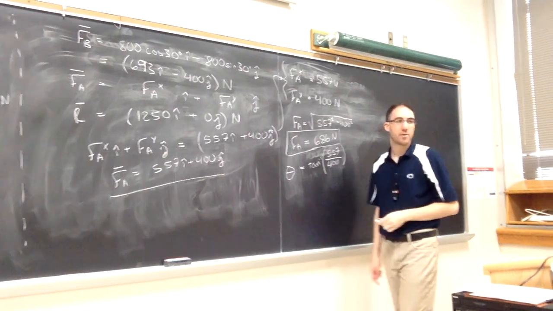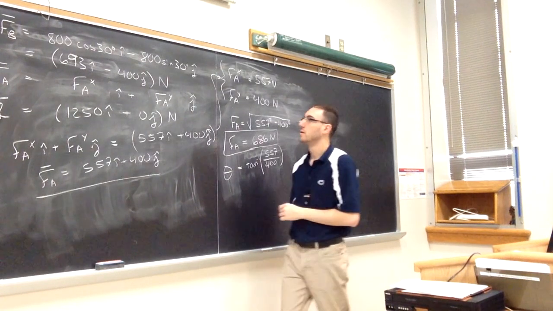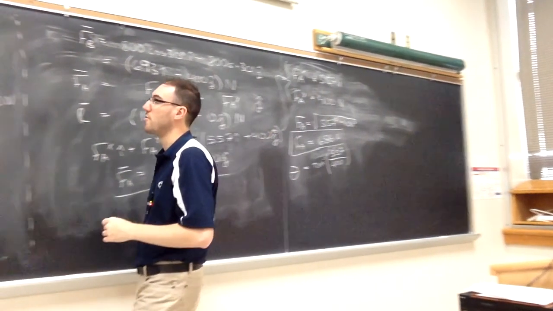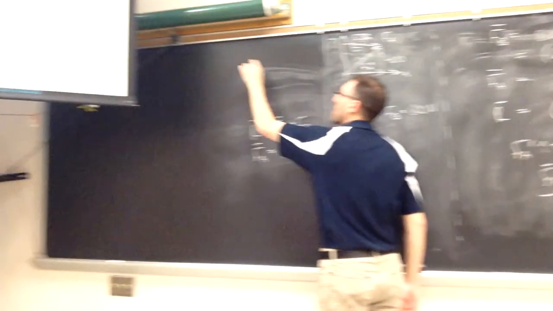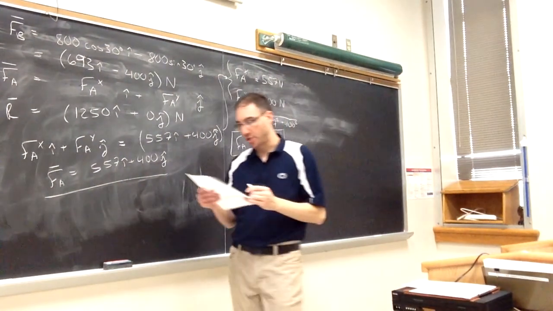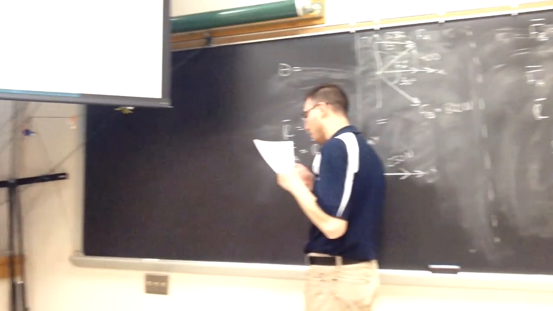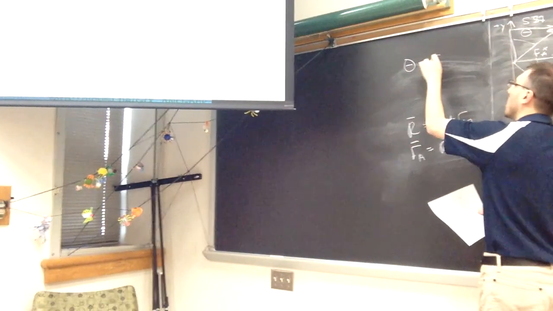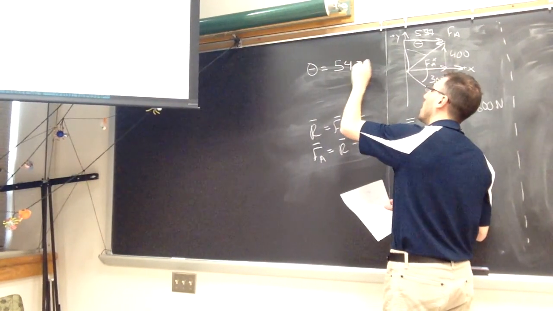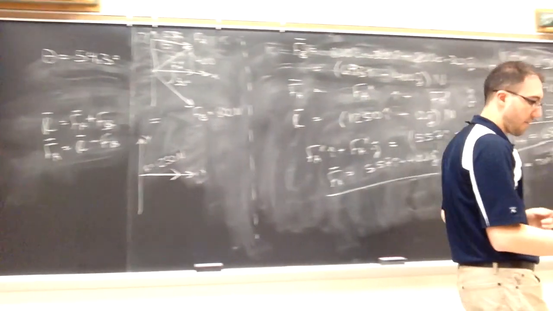The adjacent with respect to the theta is the 400. Come over here so we have room. So if we make that evaluation as measured from the positive y-axis, I believe we should get 54.3 degrees as our value for theta.